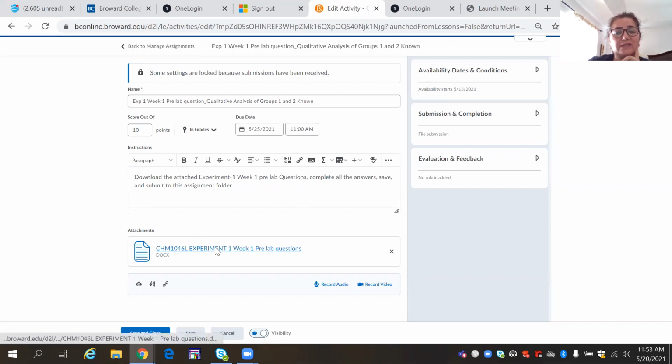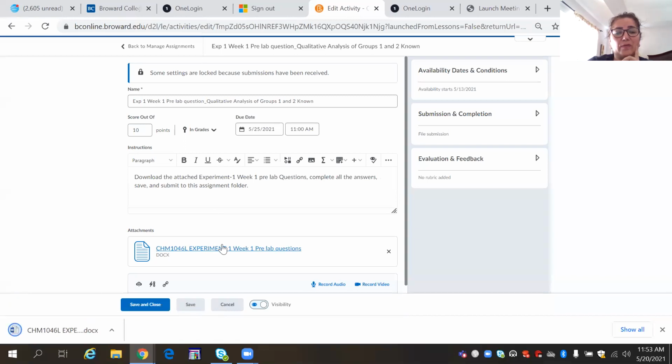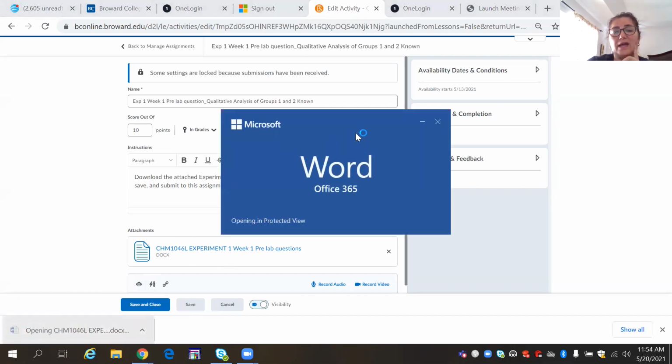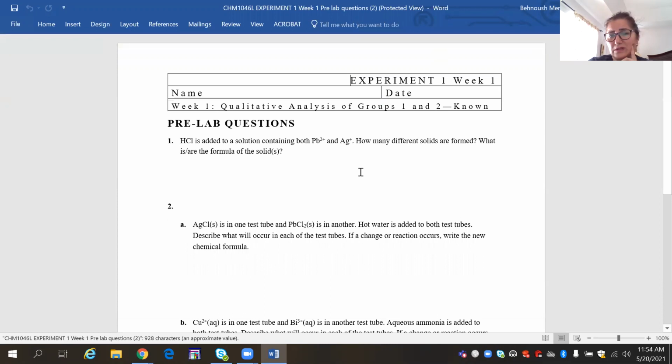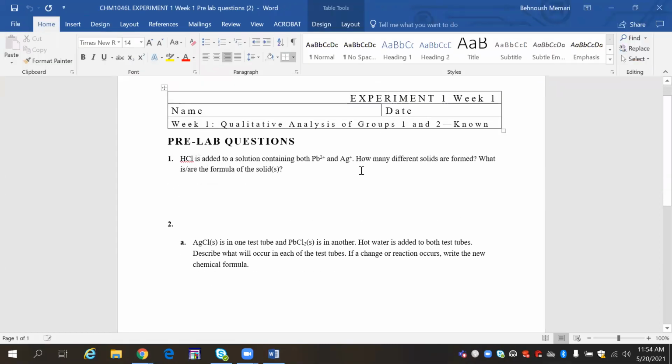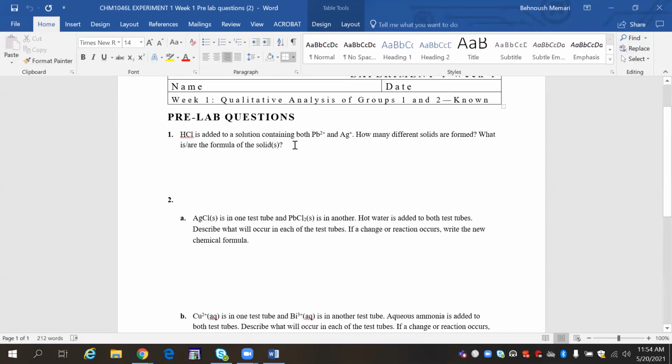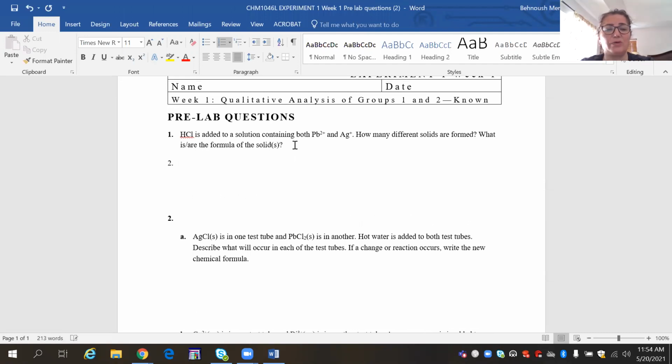So you click on that file, which is a Word document, you open it, and you answer those questions. Do you see the Word document? I see the Word document. Okay, so what you do here, you just answer the questions. Like it says HCl is added to the solution containing this, how many different solids are formed?